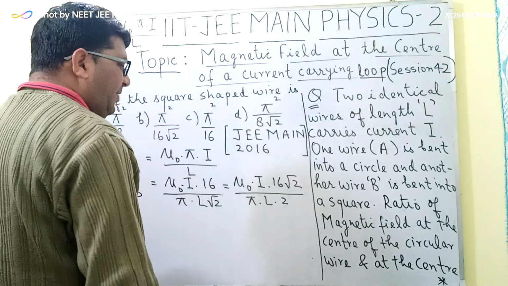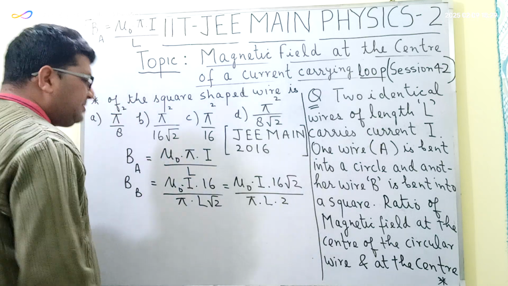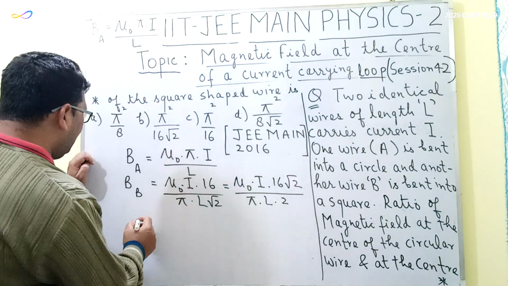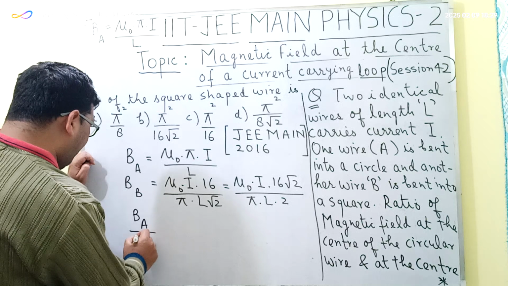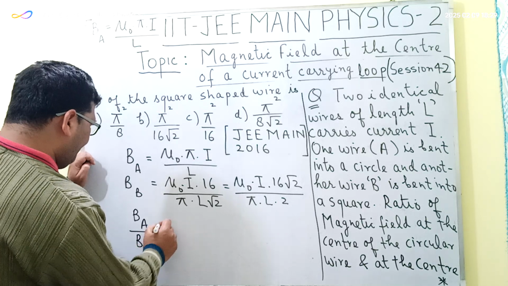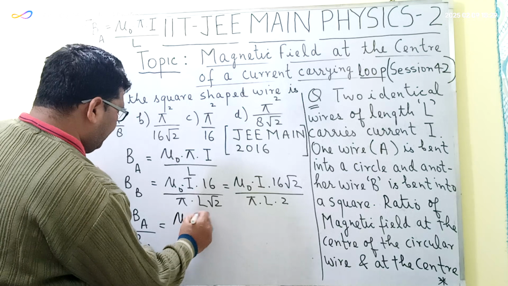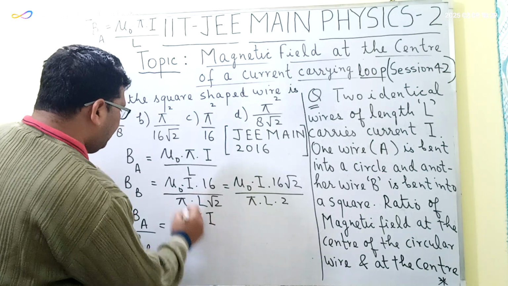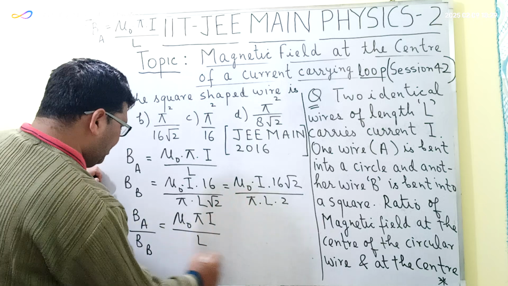Now simply I have to find the ratio of the magnetic field at the center of the circular wire and at the center of the square shaped wire. So we can find the value of BA upon BB. This is equal to mu naught pi I divided by L, divided by this value.